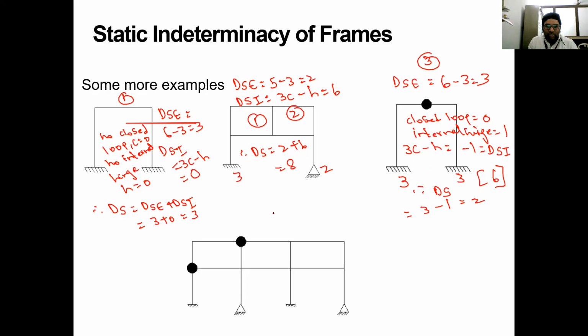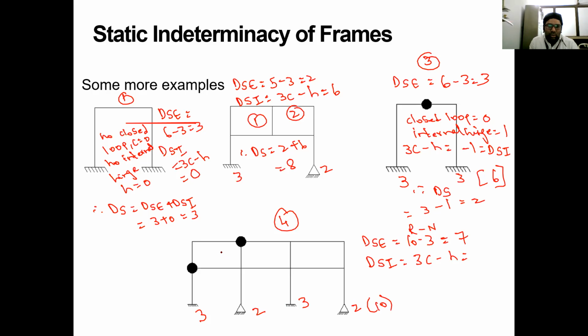Very good. Now fourth problem. This is a very interesting question. First, DSE is equal to 3, 2, 3, 2. Total how much? 10. So 10 minus 3, that is equal to 7. R minus N. DSI is equal to 3C minus H, that is equal to first loop, second loop, third loop. So 3 loops are there.